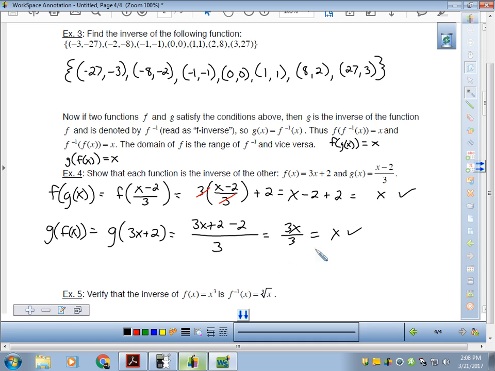Since both of these come out as just x, we can say that f and g are inverses. If either one of these had come out as something else, we couldn't say they were inverses of each other. We can only say they're inverses if it comes out as x.